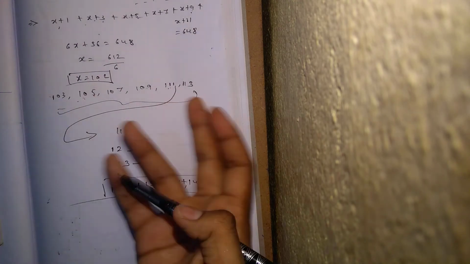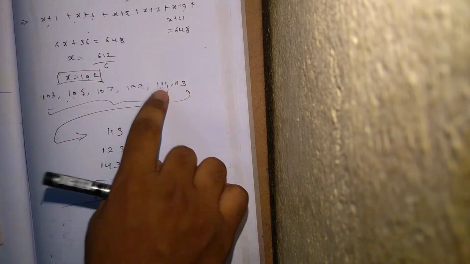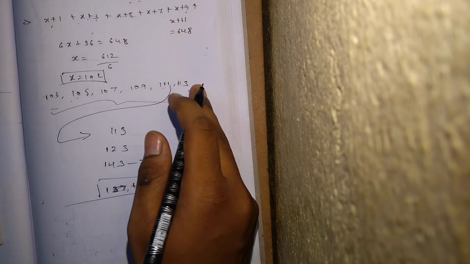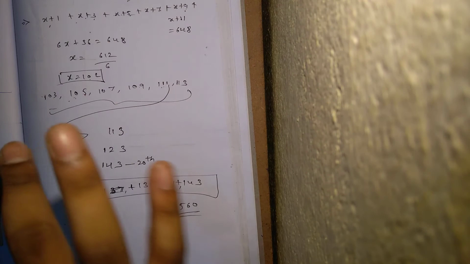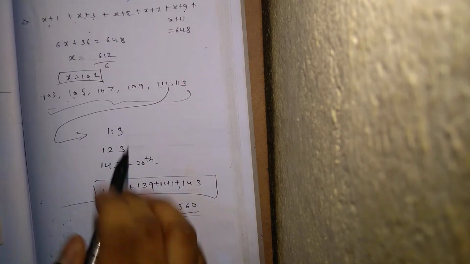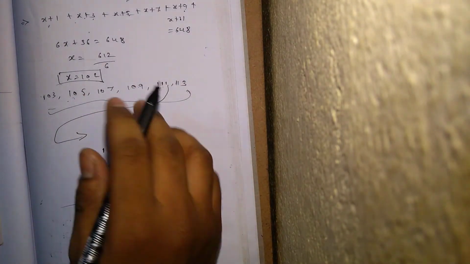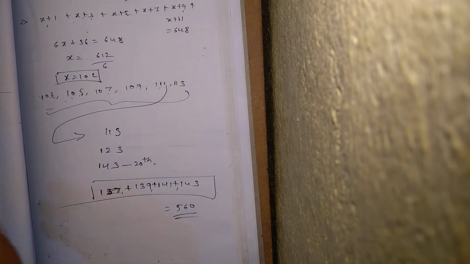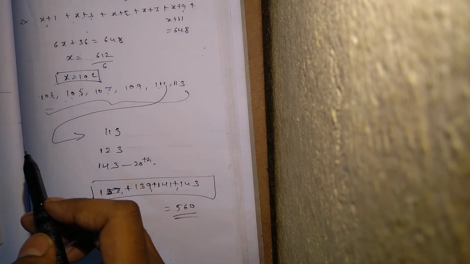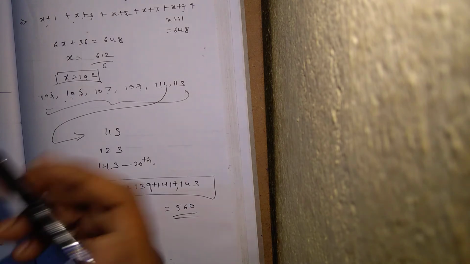You can even write the entire series here: 103, 105, 107, 109, 111, 113, and the seventh number will be 115, 117, 119, and you can write up to 20 numbers. I'm just generalizing here. For the first 5 numbers it is 113, for 10 numbers more will be 123, and 20 numbers more will be 143, and hence the 20th number is 143 here.